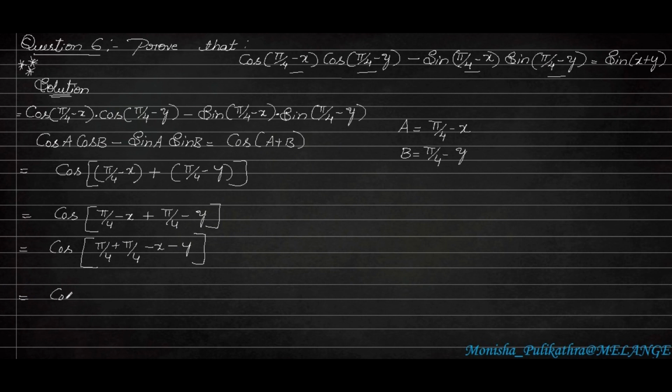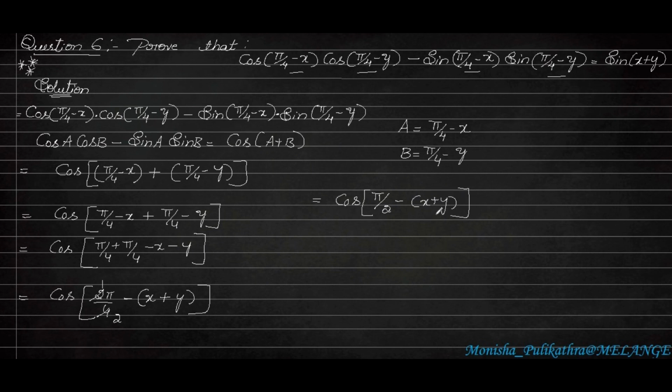Next, we take the LCM of only these two terms. Pi by 4 plus pi by 4 becomes 2 pi by 4, and I take minus common from the other terms, so it becomes minus of x plus y. Here 2 ones are 2, 2 twos are 4, so we get cos(pi by 2 minus of x plus y).